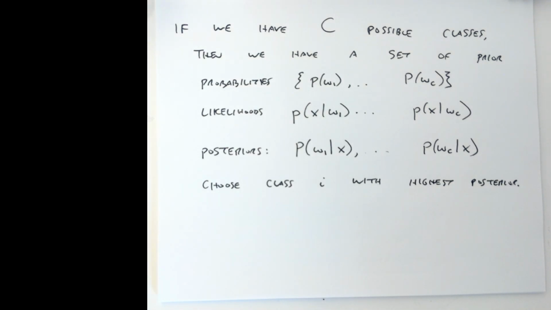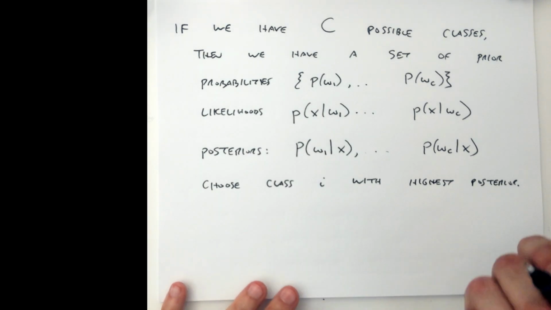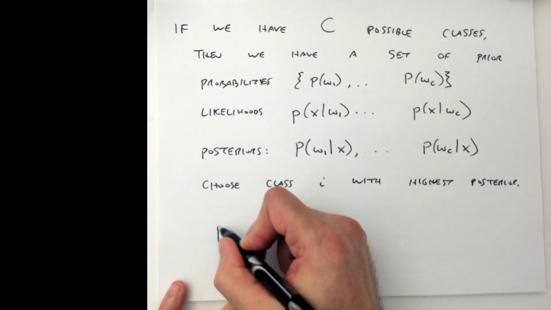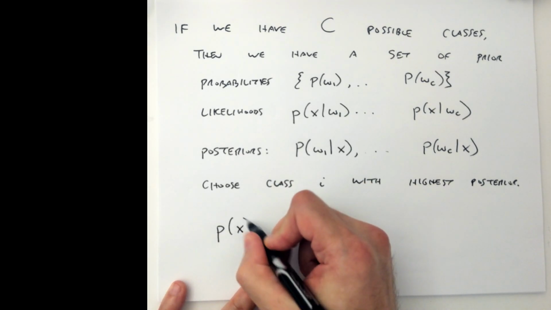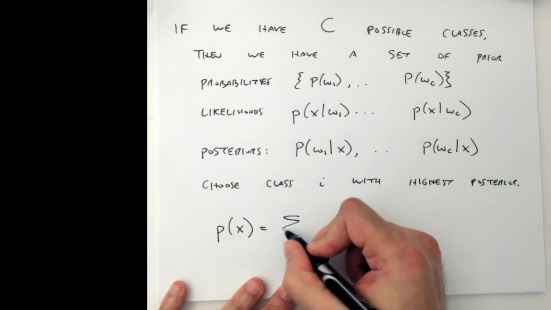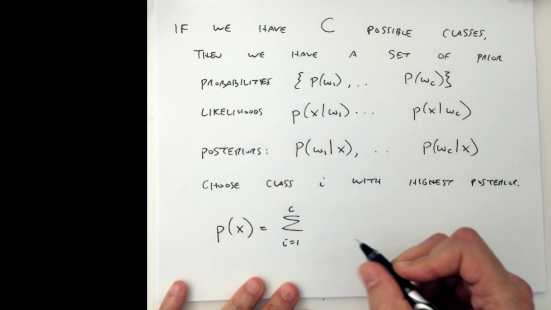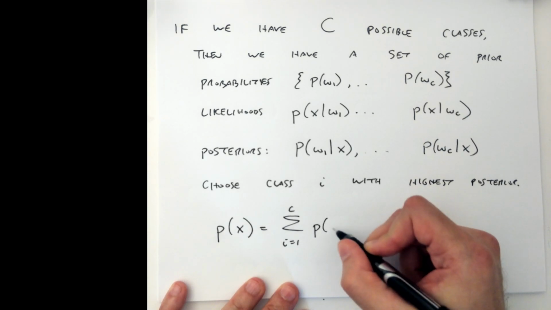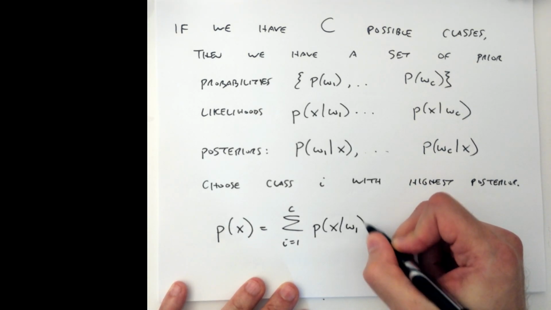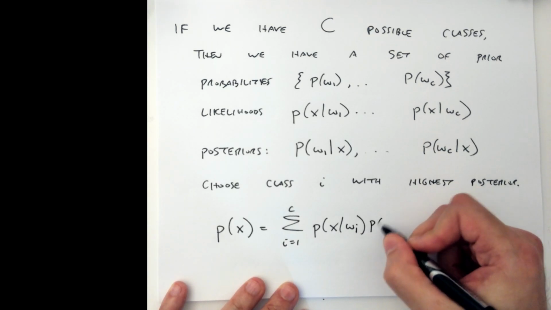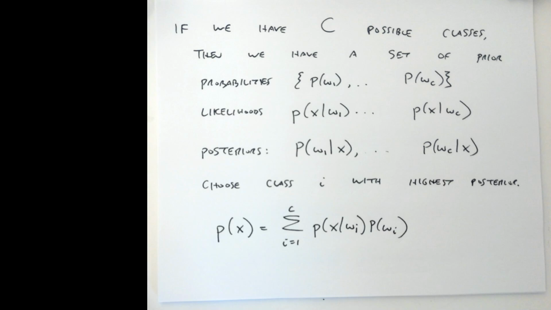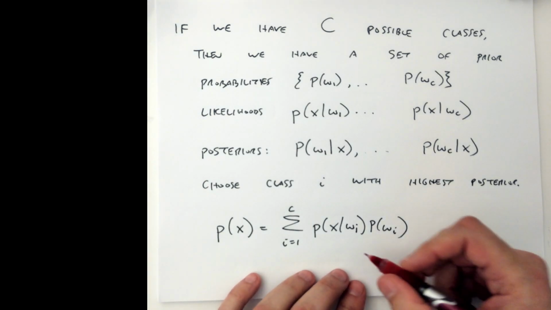And the denominator of this decision, again, we can say the probability of x overall is the sum over all the classes of the probability of seeing x given class i times the prior. Sometimes you see this called the evidence.